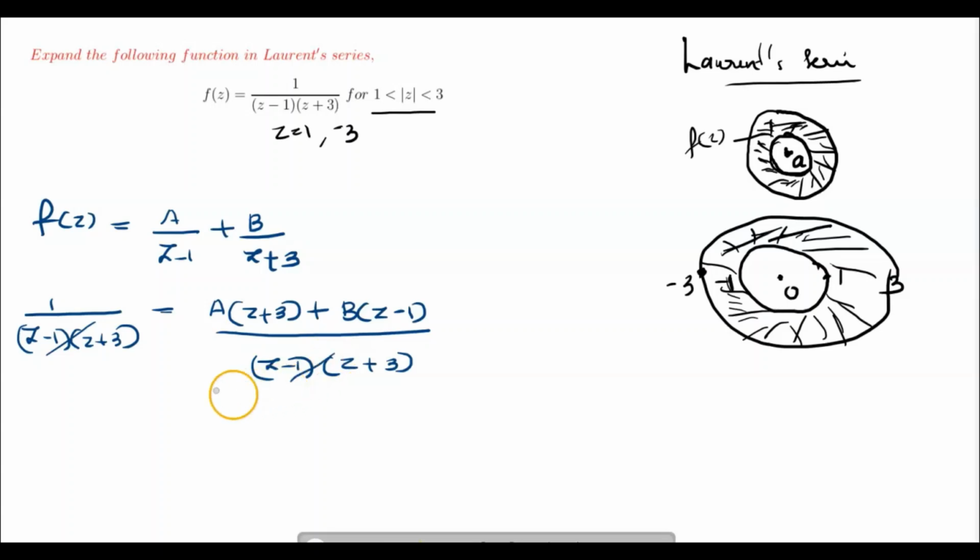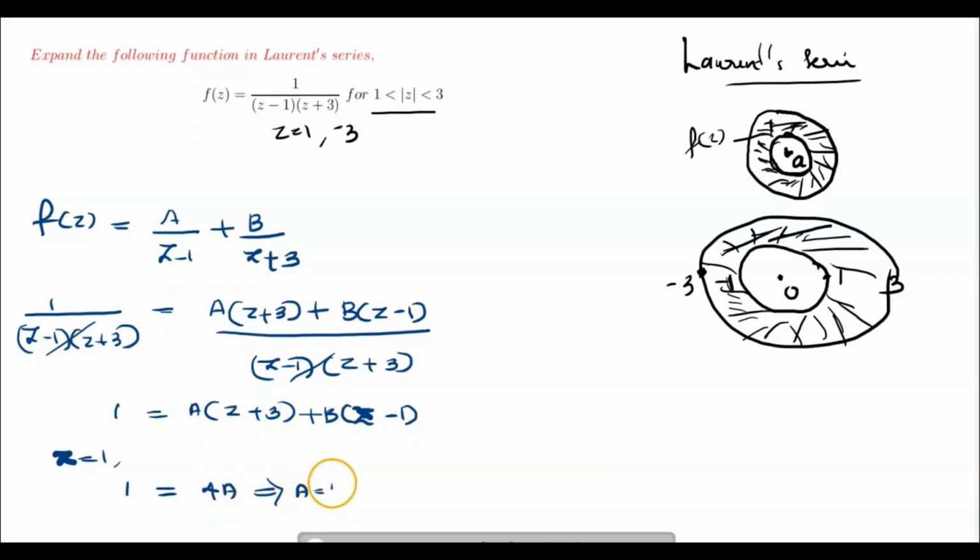The denominators cancel, so 1 is equal to a into z plus 3 plus b into z minus 1. Now let's find a. For that, put z equal to 1. So 1 equals 3 plus 1, that is 4, into a. That means a is equal to 1 by 4.